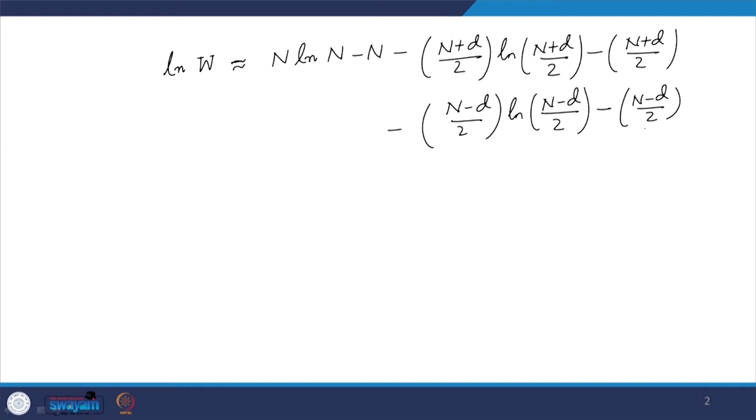You may notice that if I add (N plus d)/2 and (N minus d)/2, we get N that cancels with the N that we had here. By the way, this would be a plus sign here.